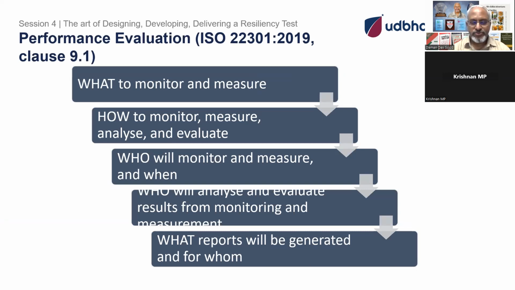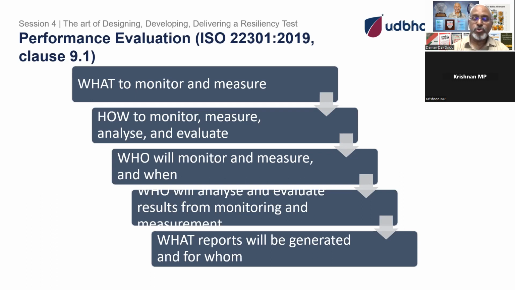Whatever we do in life, whichever program, we should look at the performance of the system. So we need to look at the performance of our resiliency testing program also. Yes, resiliency testing also is a program or needs to be run as a program.